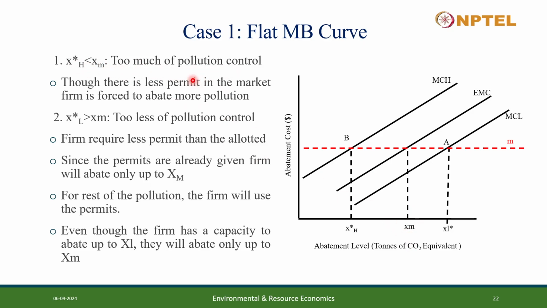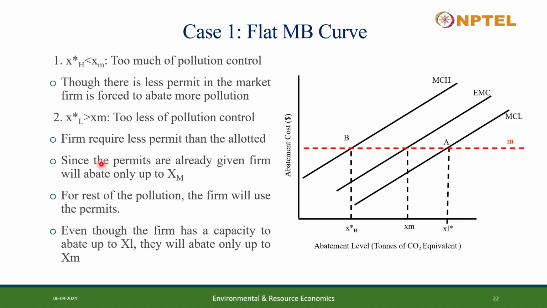The efficient level will be XH star, but XM will be obtained because of the lack of knowledge of the marginal cost curve. This gap between XH star and XM is the extra pollution abatement. Though there are fewer permits in the market, a firm is forced to abate more pollution.